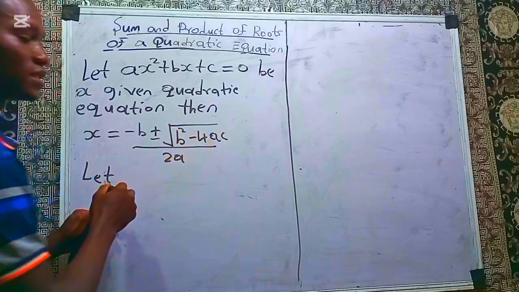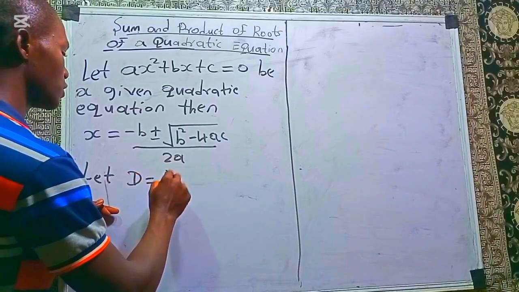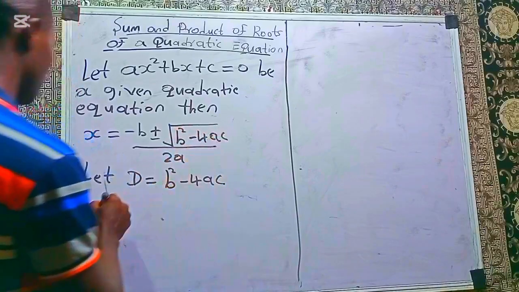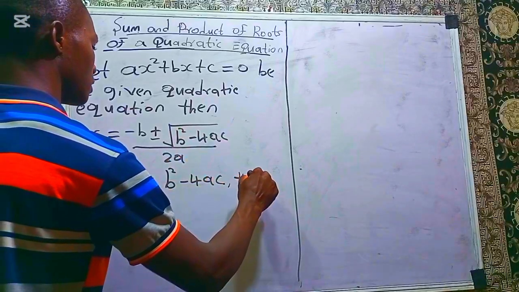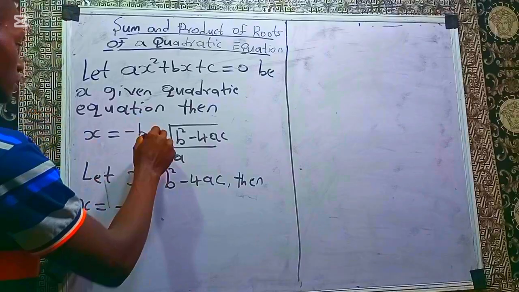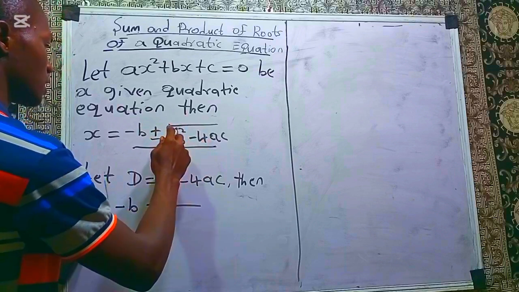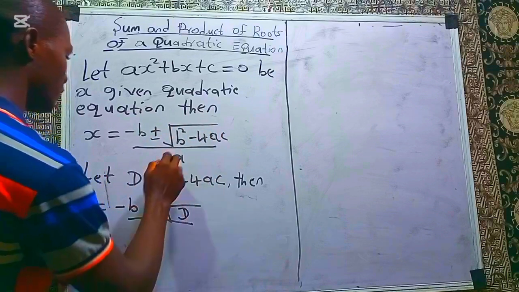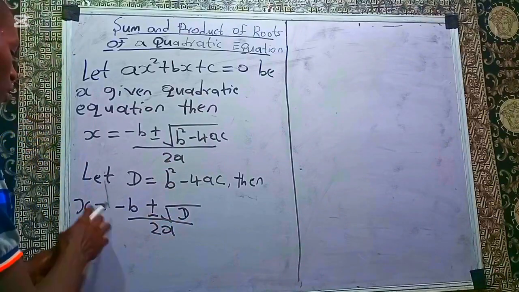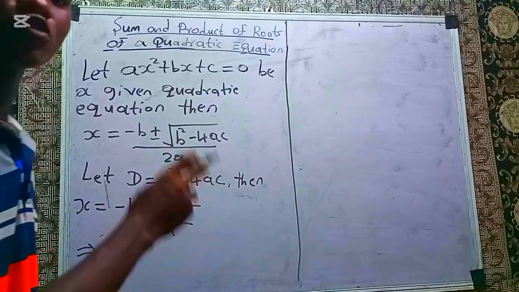So let me call b squared minus 4ac something. Let me call it d. Let d be equal to b squared minus 4ac. Then what will be your x now? Your x will be negative b plus or minus the square root of d, divided by 2a.